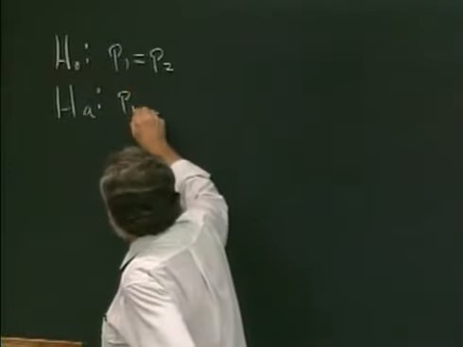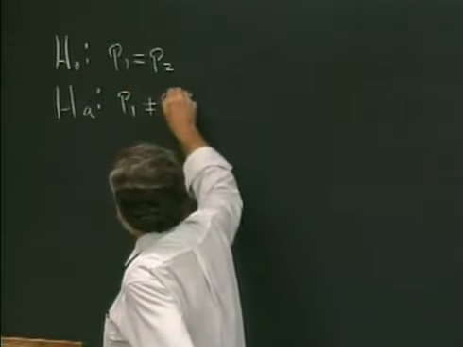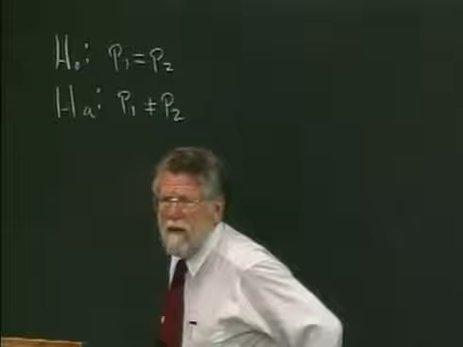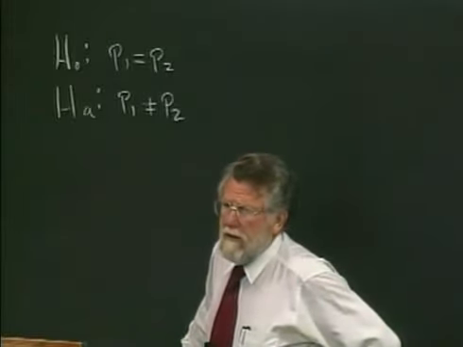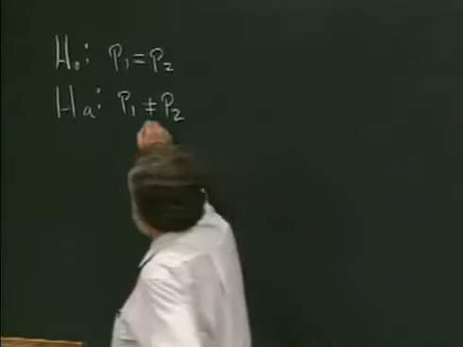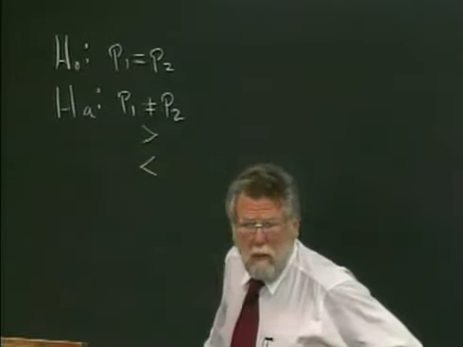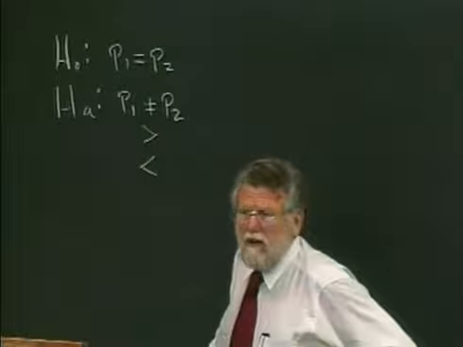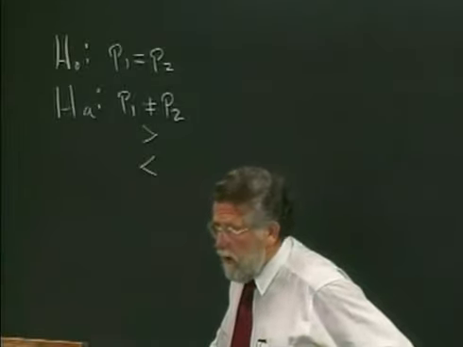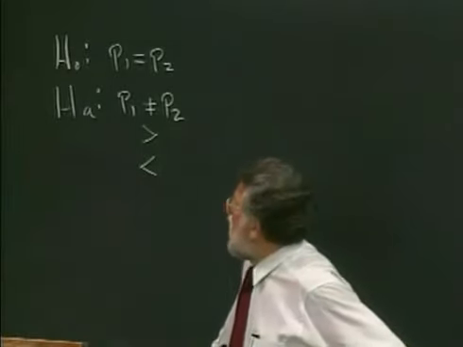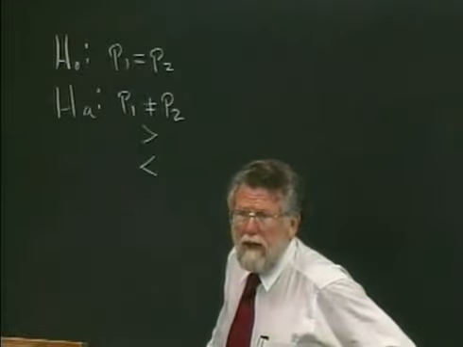And we have P1 not equal to P2 as a kind of default we can take. But keep in mind, this can be greater than, it can be less than, and why again might we want to do the one-tailed? What's your argument? More power. Agreed. You have more power in doing it this way.